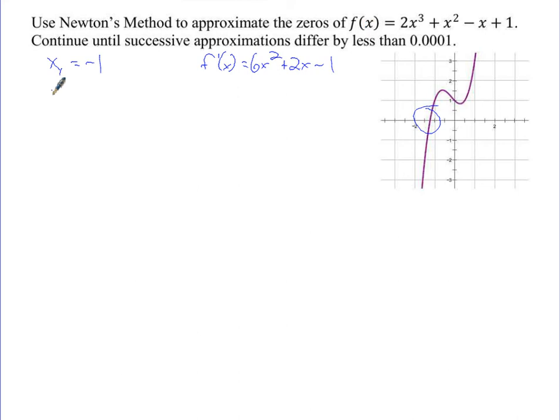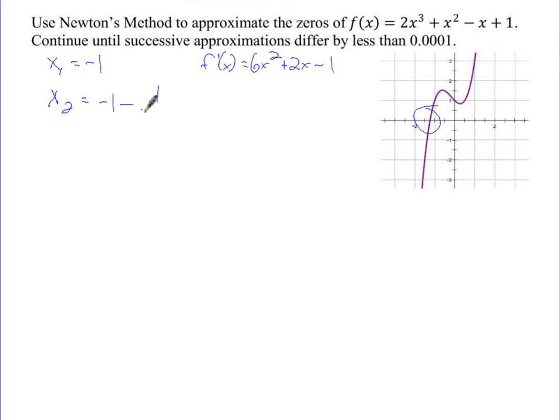So I'm going to write x sub 2 equals -1 minus. Okay, so think about that. Wait, yes? What'd you get? Is it 1? Okay.